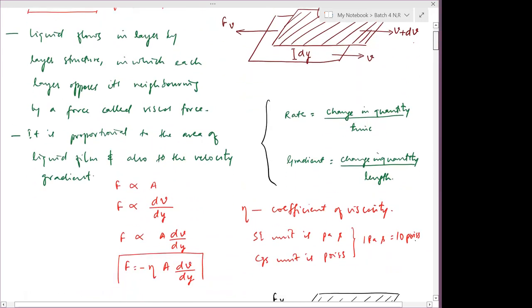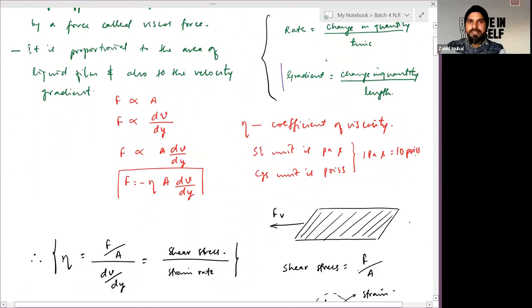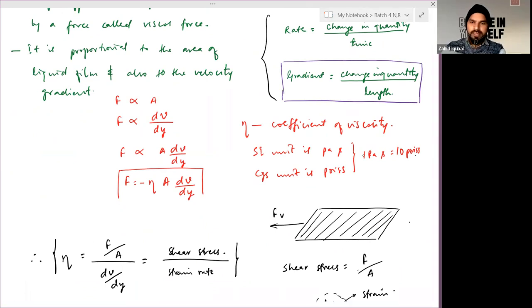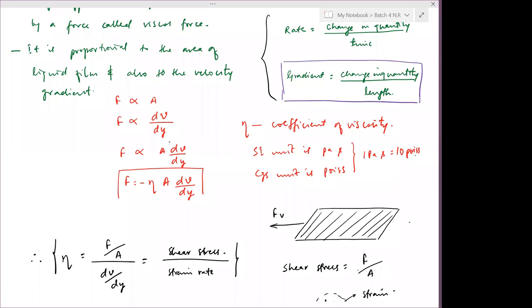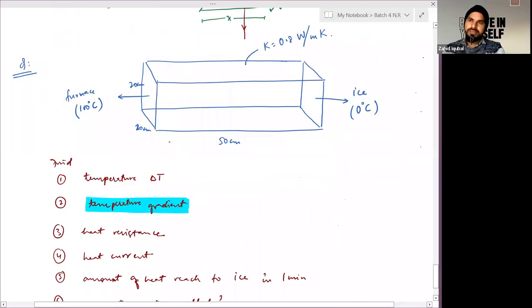Just see this. I define for you. Gradient is change in any quantity divided by its length. Minashi, is it clear? Yes, sir. So here we have temperature gradient. It means change in temperature divided by its length. Mazia, is it clear?